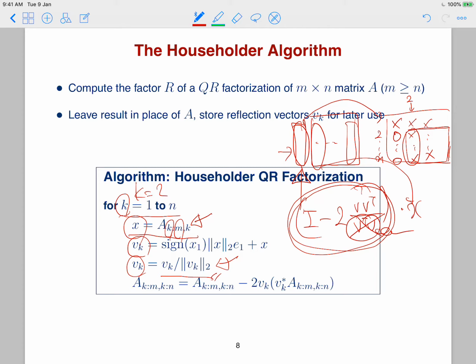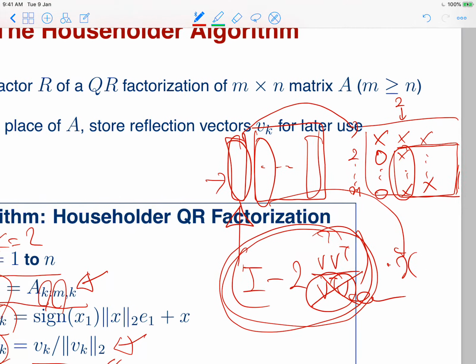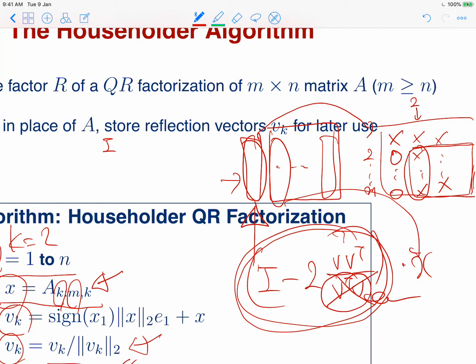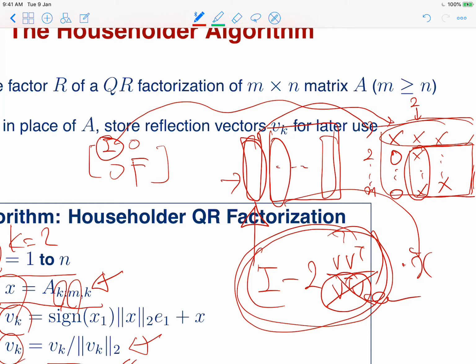We don't actually see that explicit formation of our matrix Q, right? So in this case, we just compute the matrix R, and we know that this identity block diagonal matrix will be multiplied with the upper part. So we don't actually need to compute that, right?